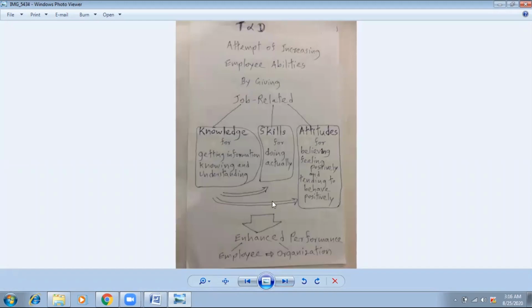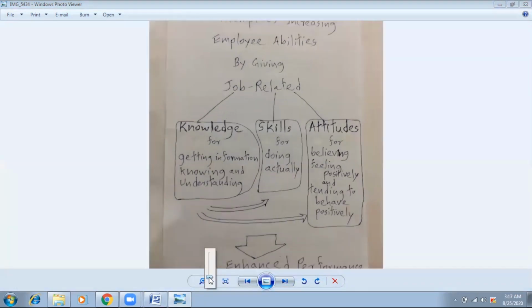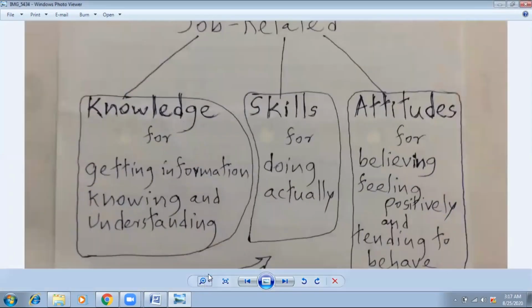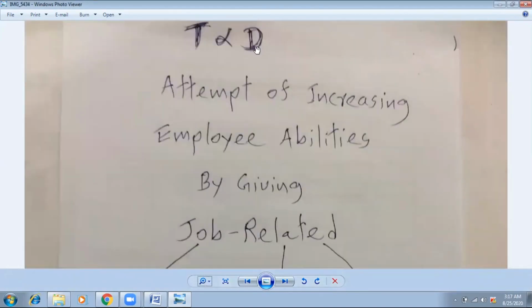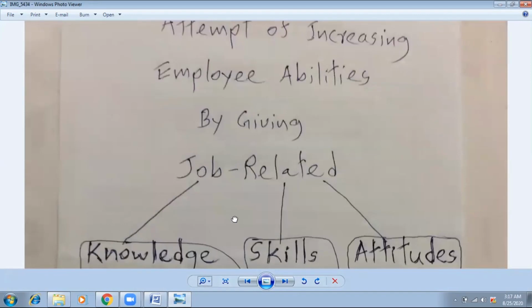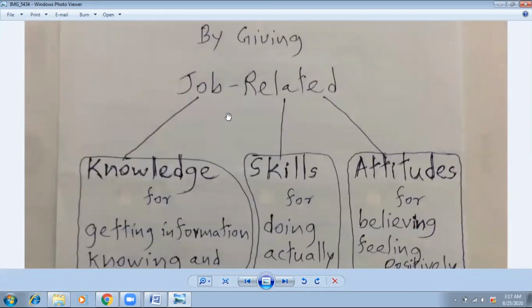Look at this figure. T&D is an attempt at increasing employee abilities by giving job-related knowledge, skills, and attitudes.